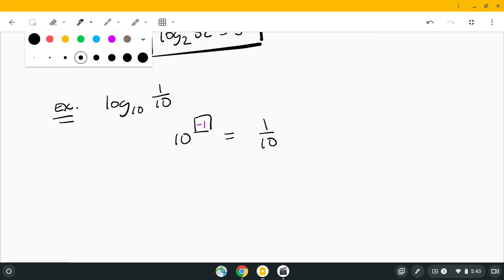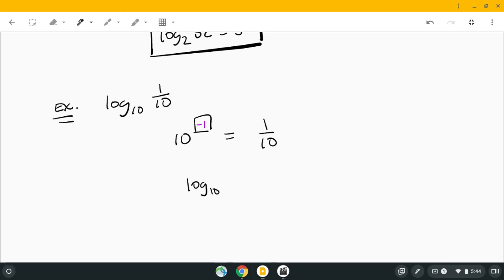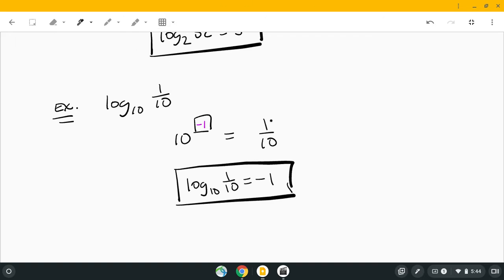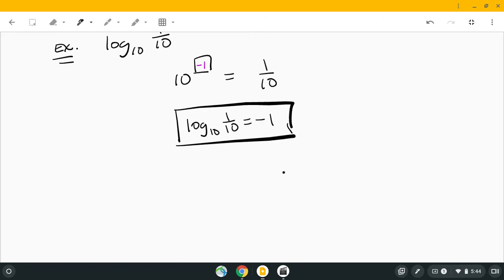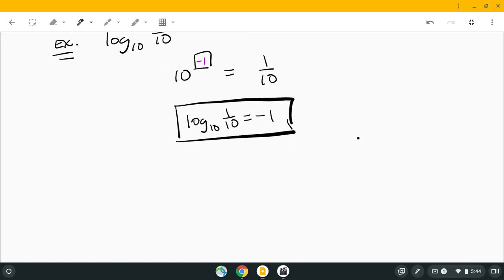And so here we would get that log base 10 of 1 over 10 is going to be -1. Whenever you see fractions involved, there's usually some sort of negative exponent in the answer.